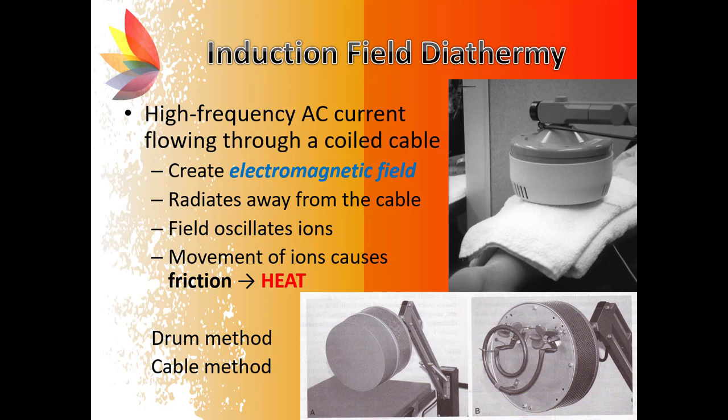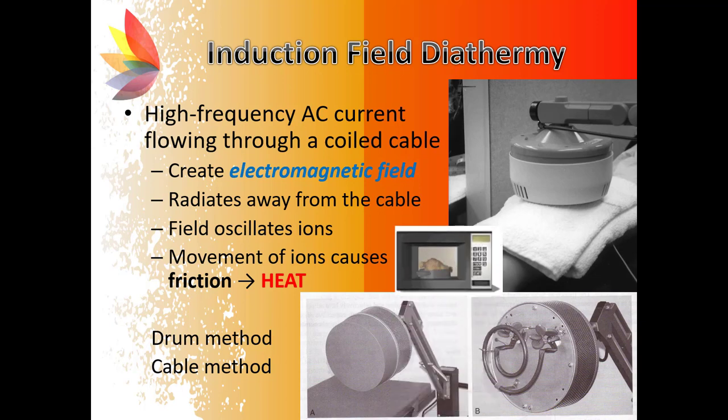Induction field shortwave diathermy is delivered using either cables or drums. At the bottom are examples of A, a plastic drum housing, and B, the plastic drum housing removed to expose the coil that produces the electromagnetic field. The resulting electromagnetic field will produce a circular flow of energy, similar to that of a coil.